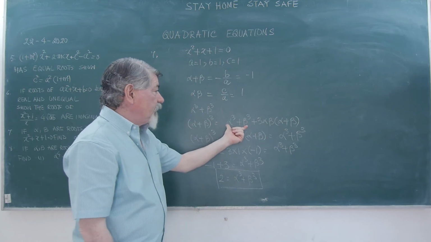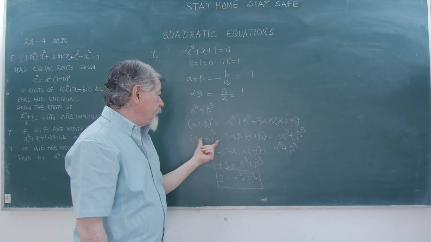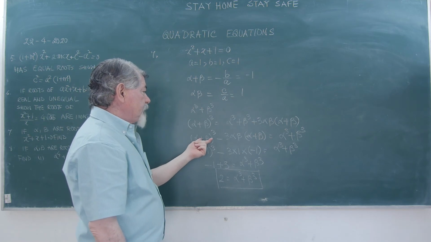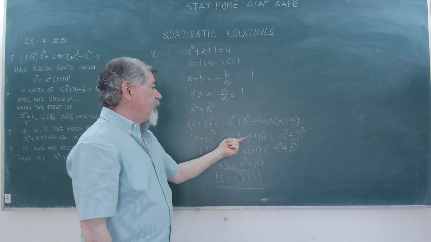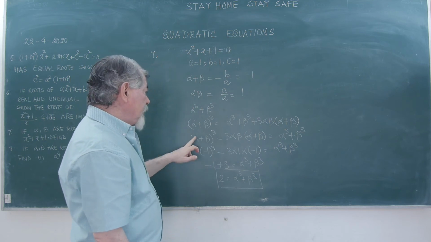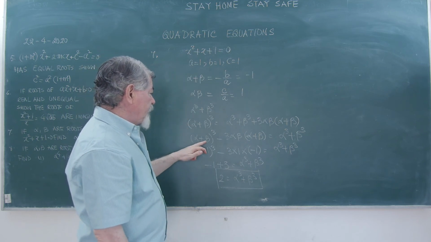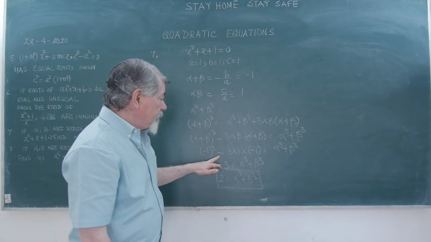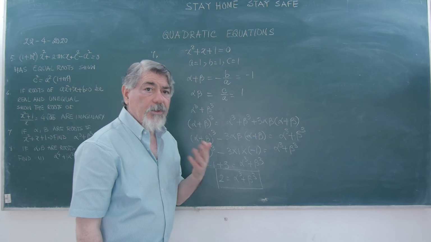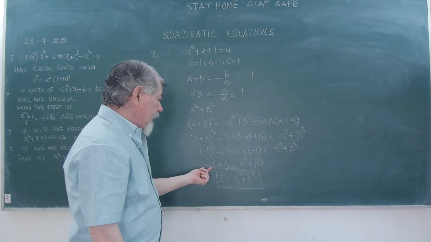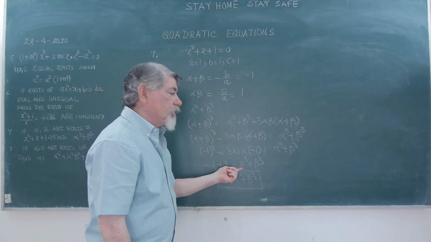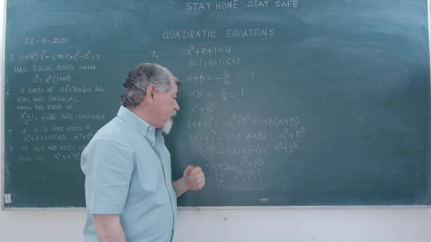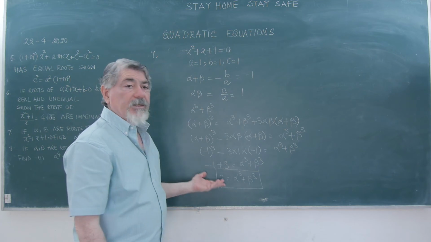I wanted to calculate alpha cube plus beta cube, so I keep it on that side only, and the remaining terms I bring to this side. Alpha plus beta whole cube minus 3 alpha beta into alpha plus beta. I substitute the value of alpha plus beta, which is minus 1 to the power 3, minus 3 into 1 into minus 1, that is minus 1 plus 3 is equal to alpha cube plus beta cube. So the value of alpha cube plus beta cube will come out to be 3 minus 1, that is 2.